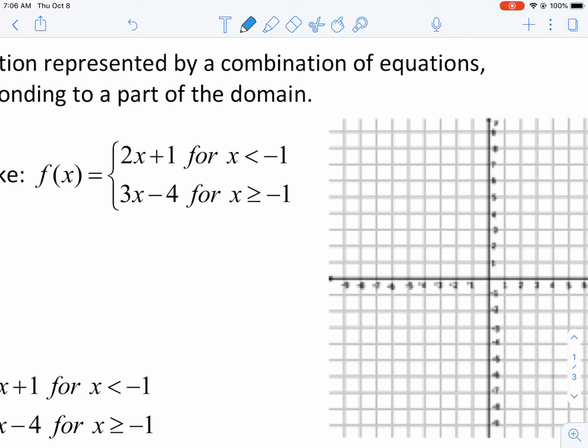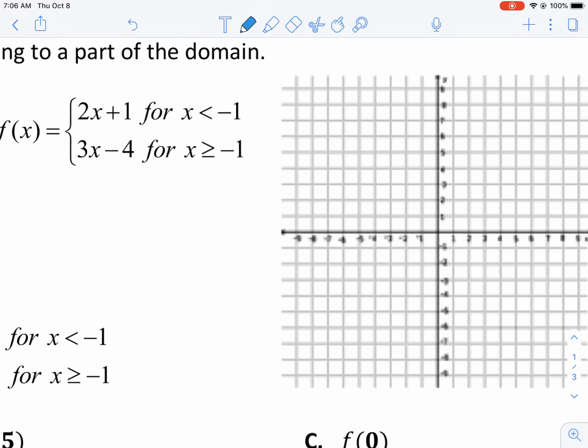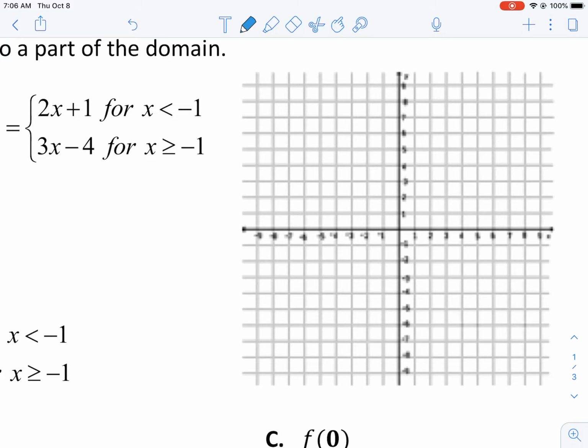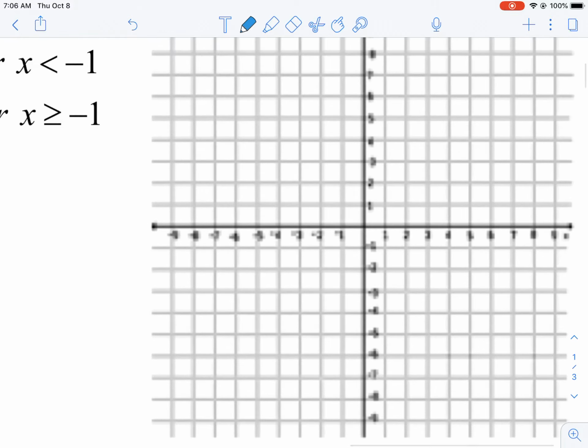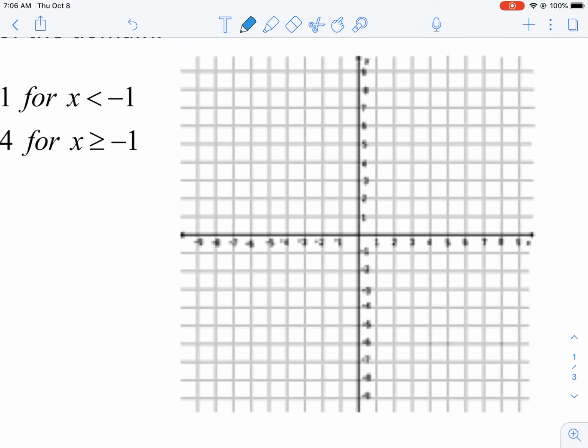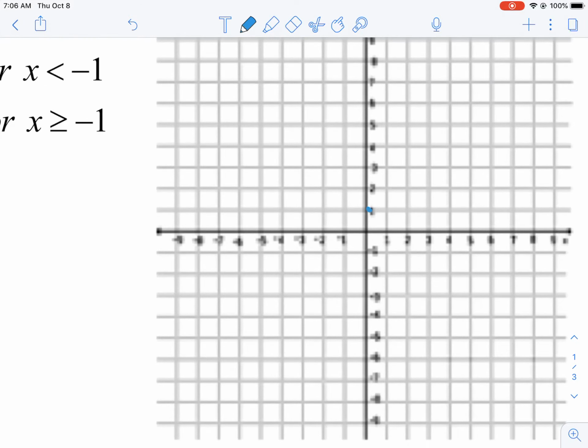So if we want to graph what a piecewise function looks like, all right, we want to graph 2x plus 1 for x is less than -1, all right? So I'm just going to graph 2x plus 1 actually. So there's our plus 1, right?